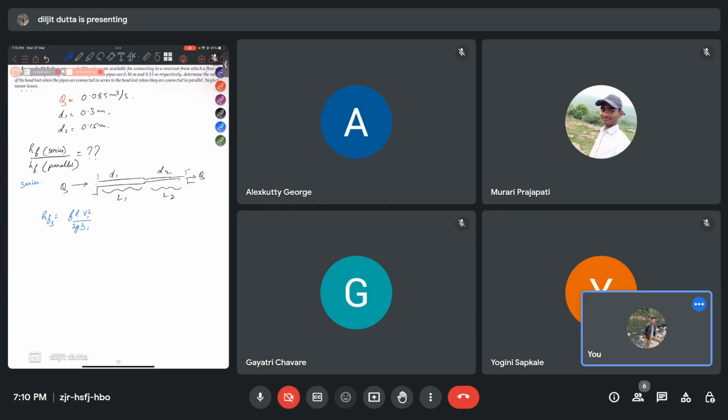And L1 is equal to L2 is equal to 300 meter, this is also given, plus fL V2 square by 2g D2. We can take fL by 2g outside: (16/π²) times Q1 square by D1 to the power 5 plus Q2 square by D2 to the power 5.